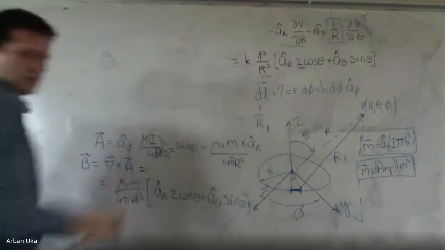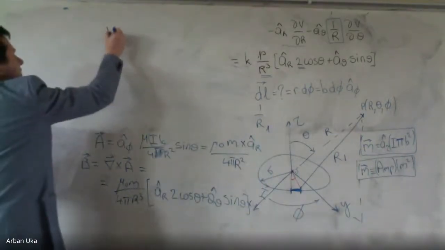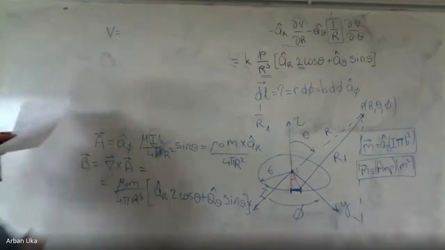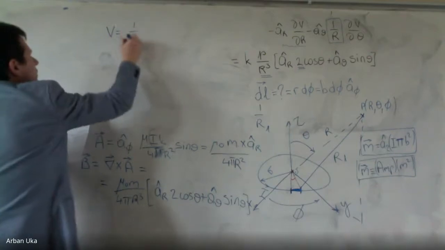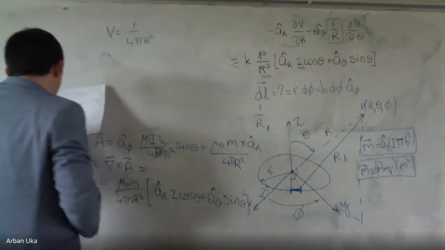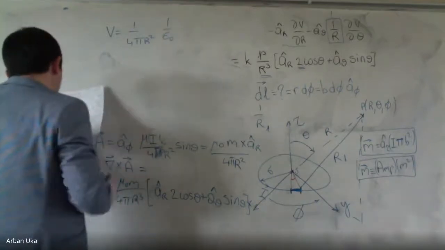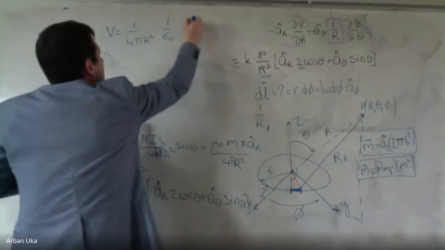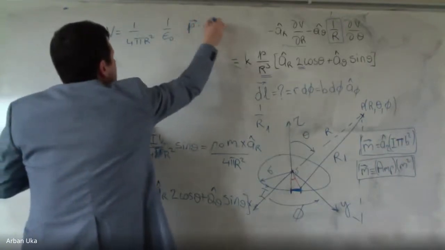We saw how they look, but let's write now the scalar potential V. This is equal to 1 over 4 pi r squared times 1 over epsilon 0 times the dipole moment dot product with a_r.